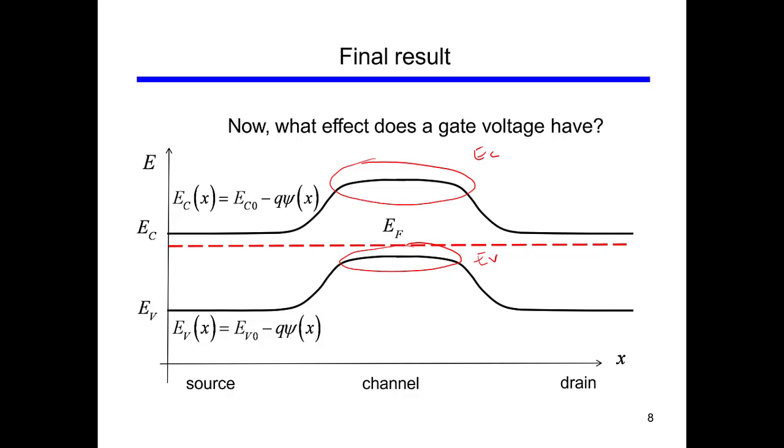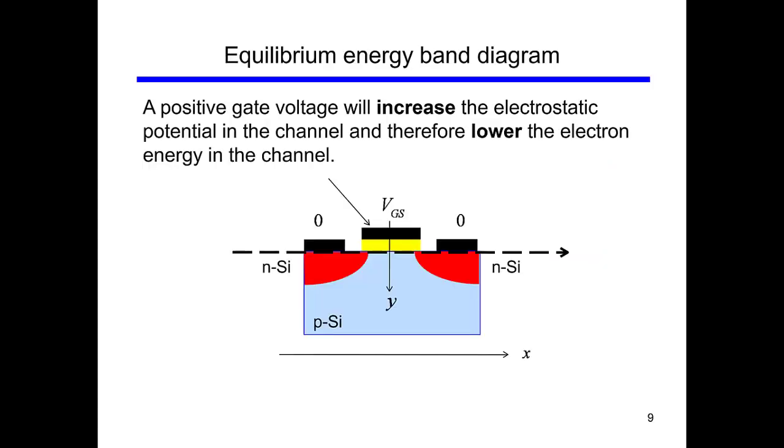So you see, there is this kind of potential hill that is developed. This is what the barrier is. So it is like a hindrance to the flow of electrons across the channel. This is the barrier that stops the flow of electrons across the channel.